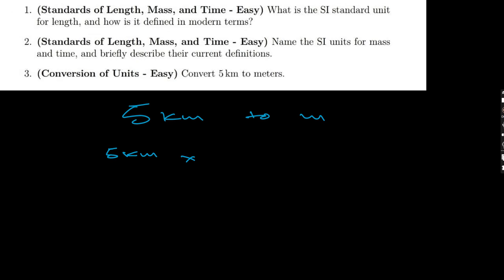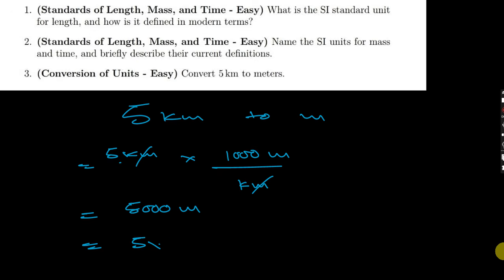To cancel kilometers, guys, we must have kilometer down there, and 1 kilometer is made of 1000 meters. This is what I was showing you since we started dimensional analysis, so that kilometer and kilometer will cancel, and 5 times this, we're going to have 5000 meters. This can also be written as 5 times 10 to the power 3 in scientific notation, but leaving the answer as this, there is no problem.